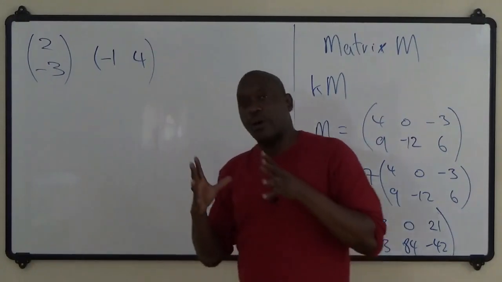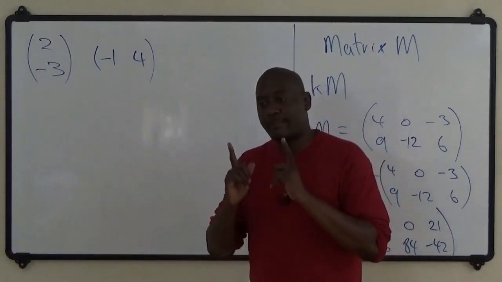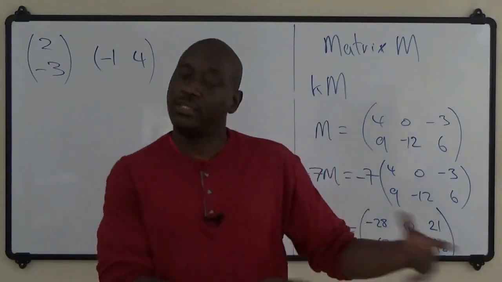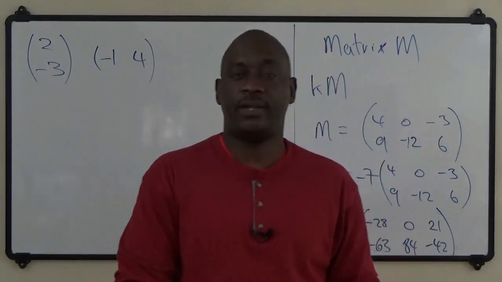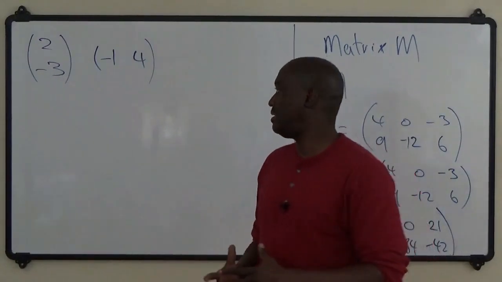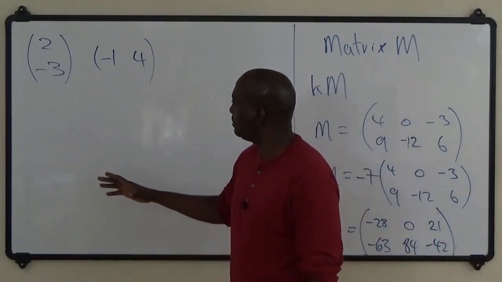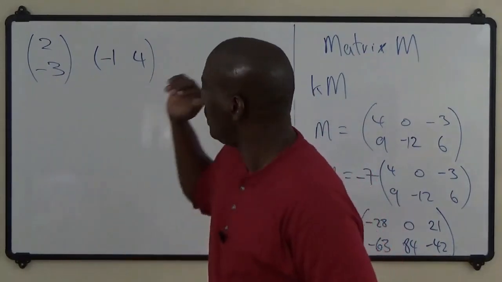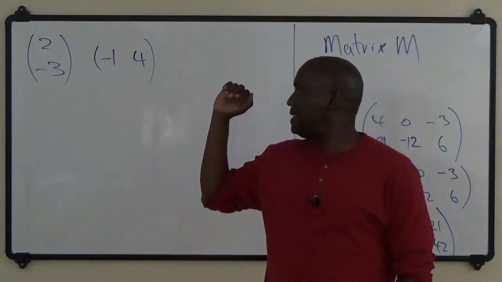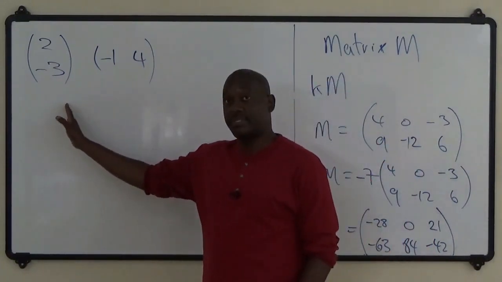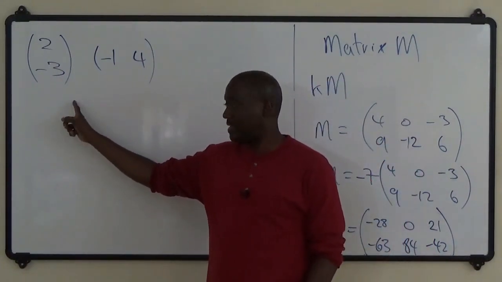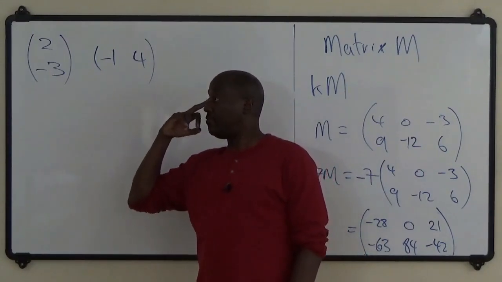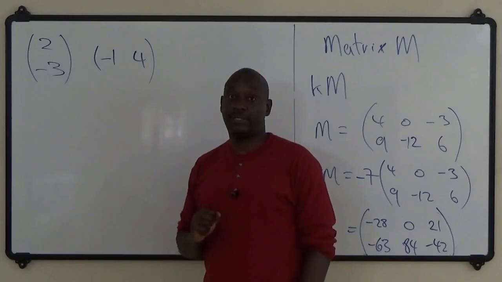And again, I say the order is very important because matrix multiplication is not commutative. AB is not equal to BA. Now that is something you could clearly see if you look. In fact, we will deal with that in a little bit. So the number of columns in matrix A, which is the first matrix, must be equal to the number of rows in the second matrix.